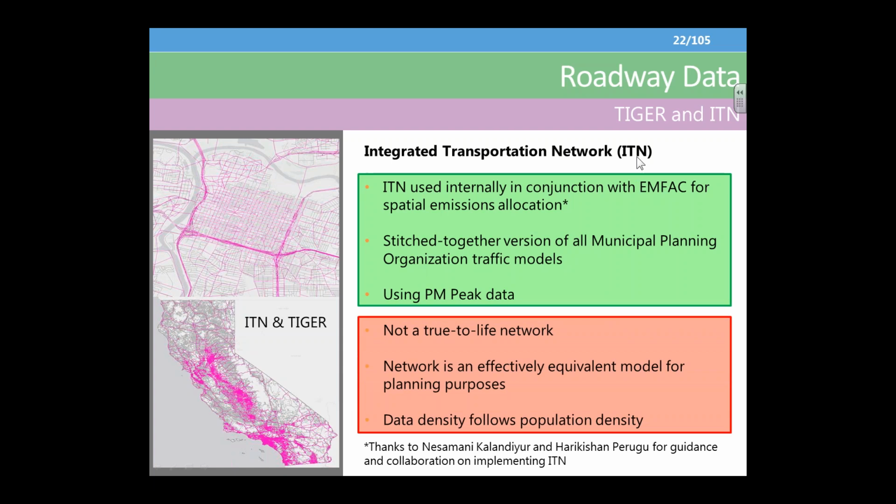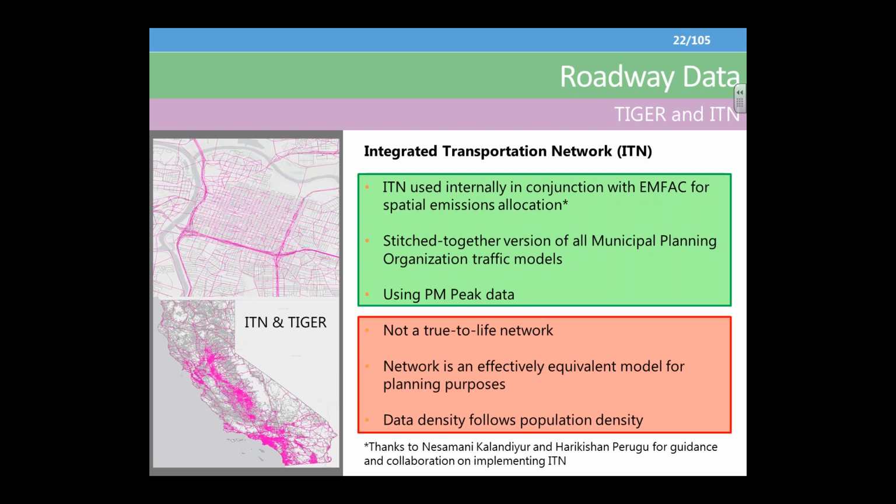The downside of it, and the reason why we can't use it in its raw form, is that it's not a true-to-life network. It is what's called an effectively equivalent model for planning purposes. So if we want to overlay results from this network with other features that are more true to life, we're going to get a mismatch.